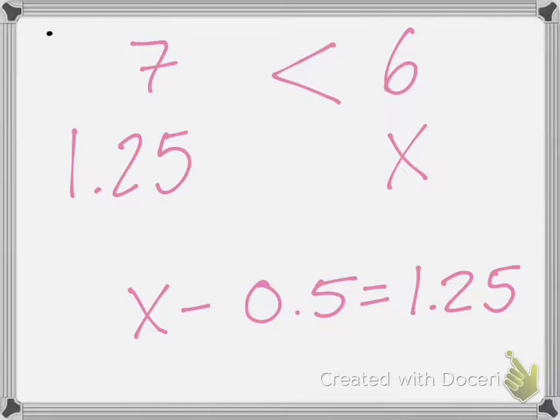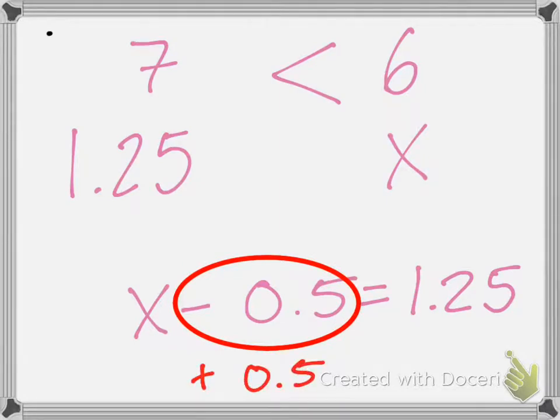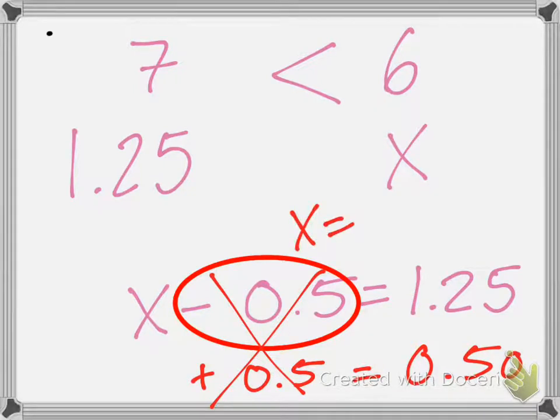So let's look. Here, we need to solve. We have a negative 0.5, a negative 5/10, so we do the opposite. We add it to both sides. This one goes away, and this one makes it x equals 1.75.